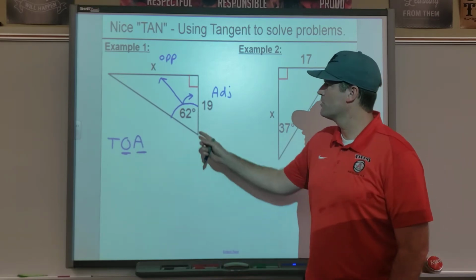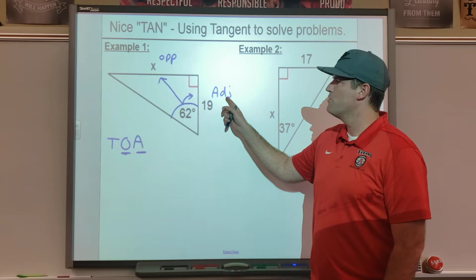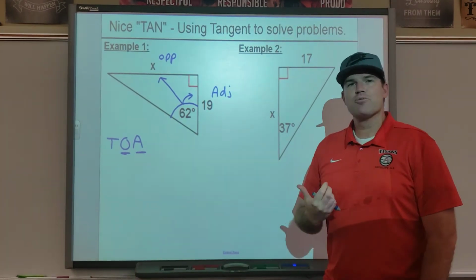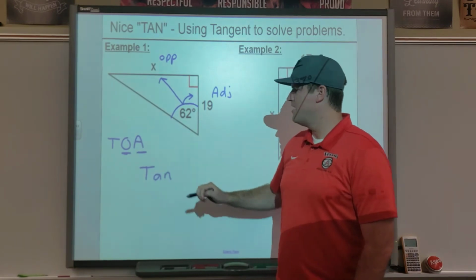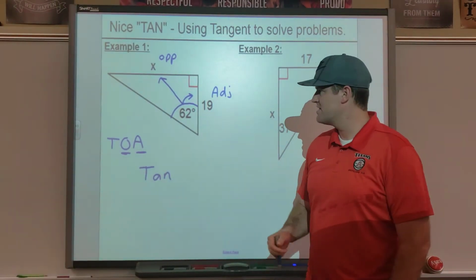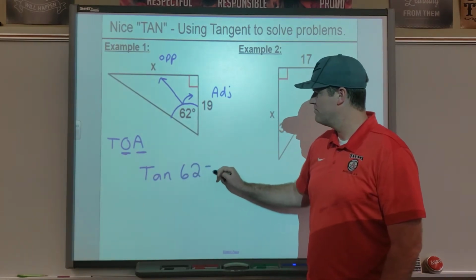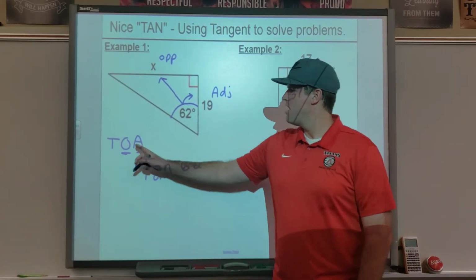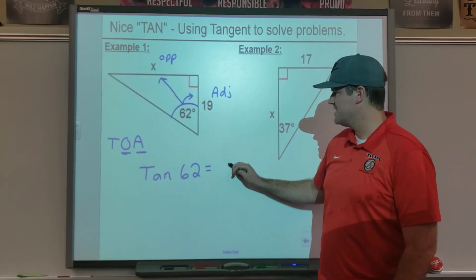So in this problem, we're going to be finding the opposite side, and we know the adjacent side. So the way we can set up this problem is tangent of the angle of theta, which in this case is 62 degrees. So tan 62 equals opposite over adjacent. So x over 19.